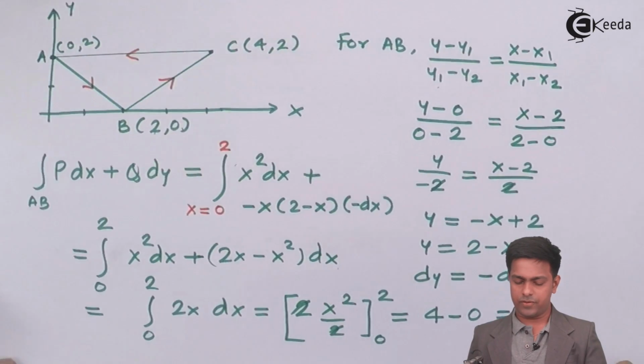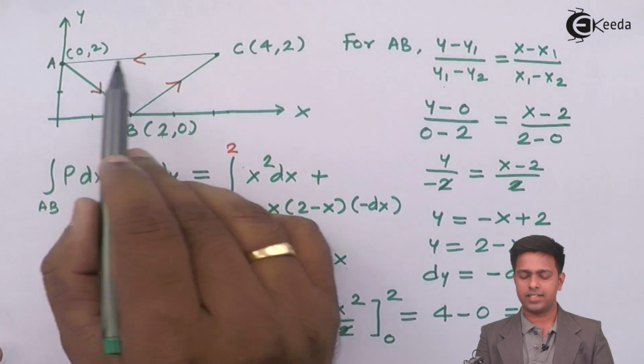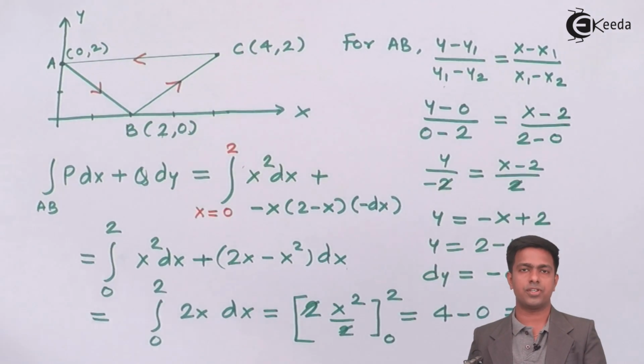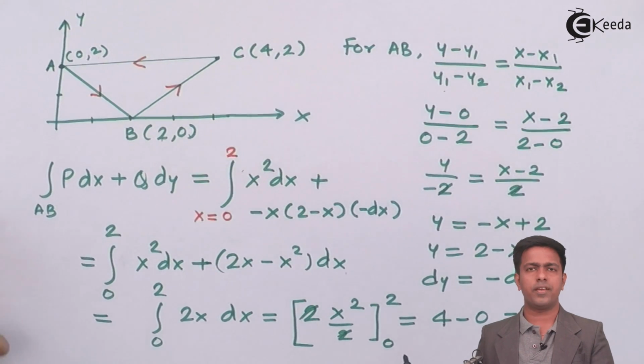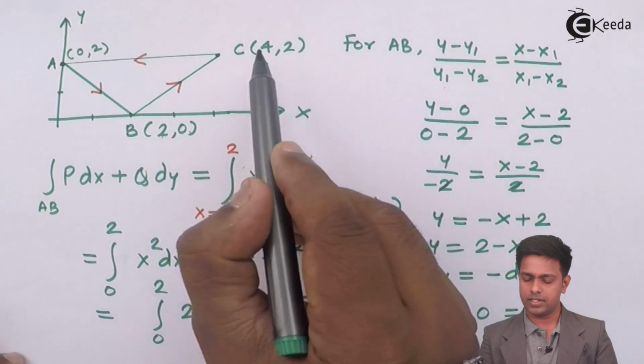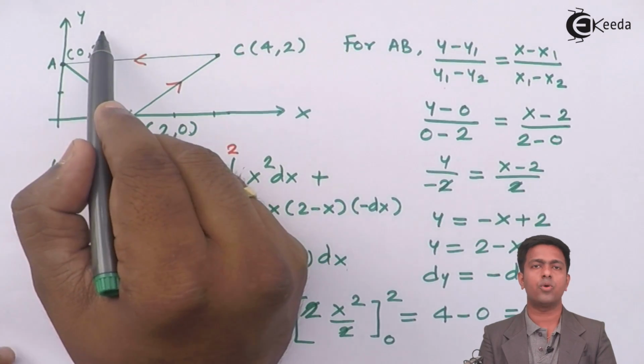Now let's find out the line integral along CA. CA again is a straight line, so we'll find the equation of the straight line using the same equation. So now I'll put the values of x1, y1, x2, y2 directly. I'll consider this as x1 and y1 and this as x2 and y2.